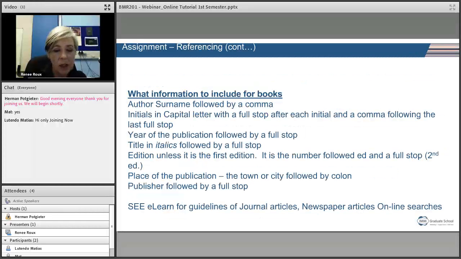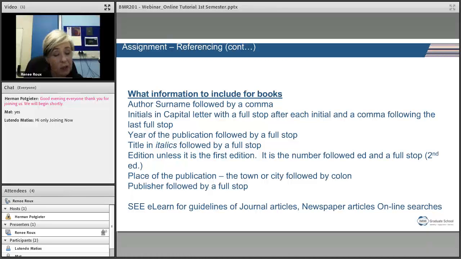So let's just look at some ideas, but remember, all the detail about referencing is on eLearn. So go and study it. All I've done for tonight is just, if it's a textbook, what do you include? So you start with the author's surname, followed by a comma.